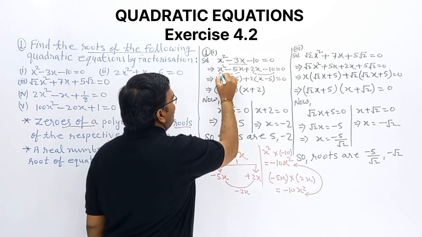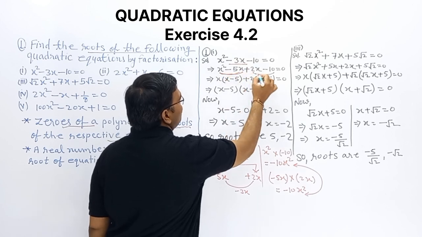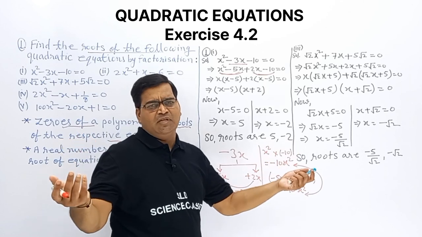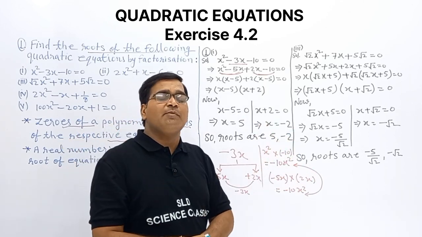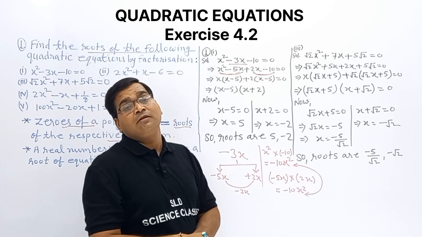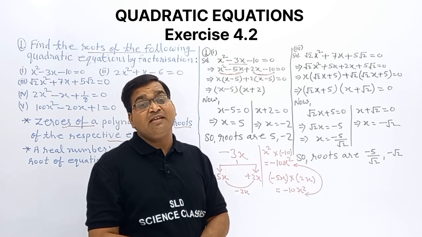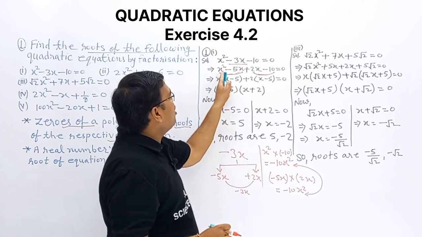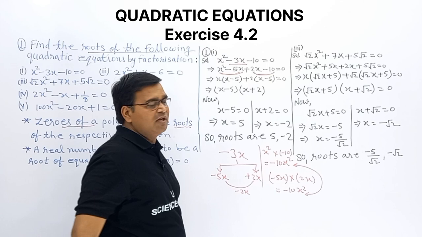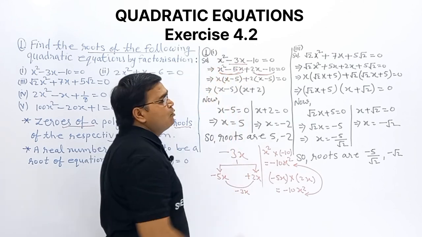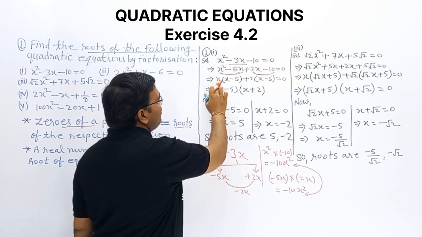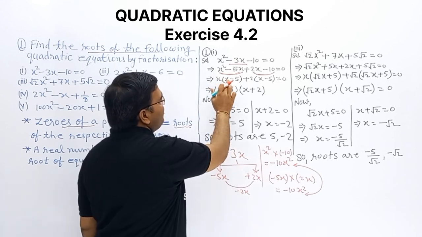We will take common in the first two terms and the last two terms. Common means the number or variable by which both terms are divisible. So in both we have x. This is x square, this is 5x. 5 is there but 5 is not in the other, so we cannot take 5. x we have in both, so I take x outside. What is the remaining?